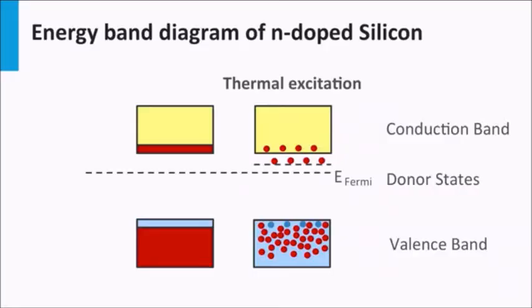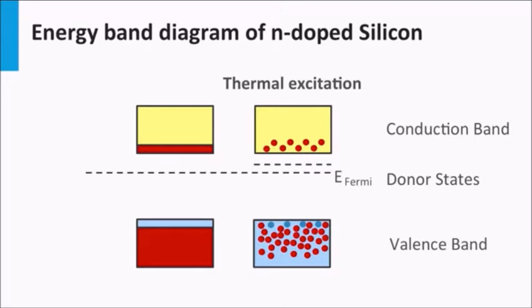This means it requires much less energy for an electron to jump from the donor state to the conduction band than for an electron from the valence band to the conduction band. At typical room temperatures, many to all of the electrons in the donor states can be excited to the conduction band. As a result, we have more free mobile electrons than mobile holes in an n-type semiconductor.